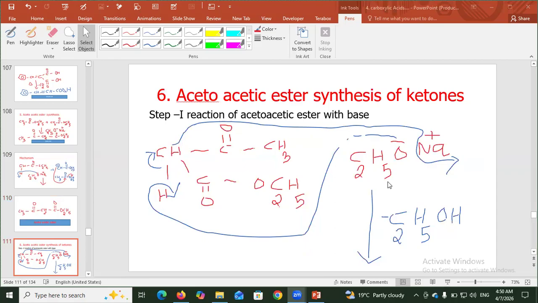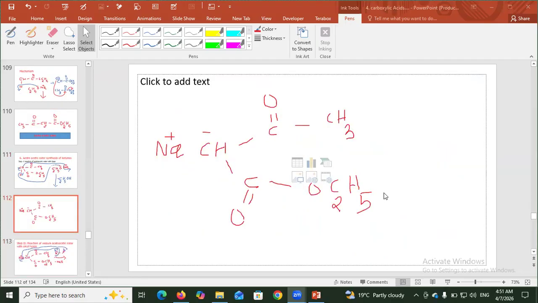Acetoacetic ester synthesis of ketones. Step 1, reaction of acetoacetic ester with base, sodium ethoxide abstracts this hydrogen and produces this carbanion.